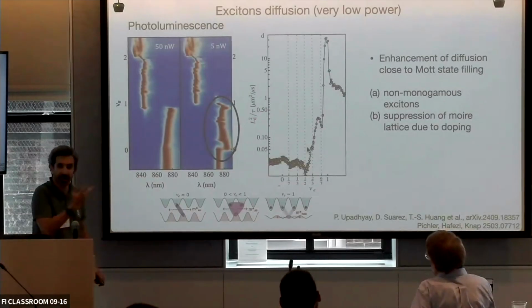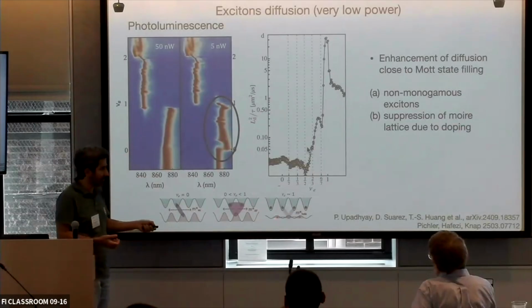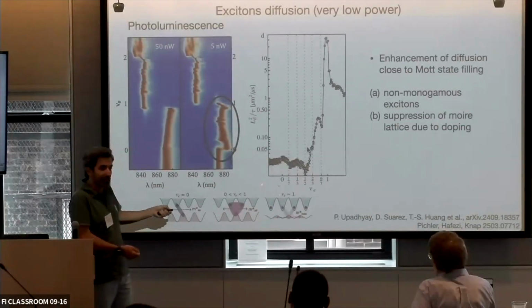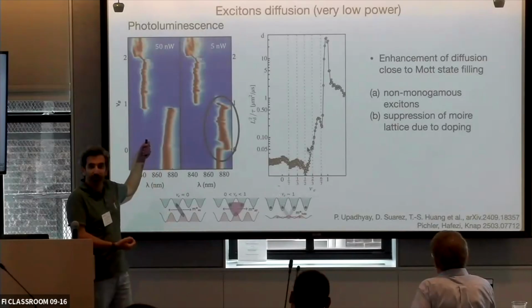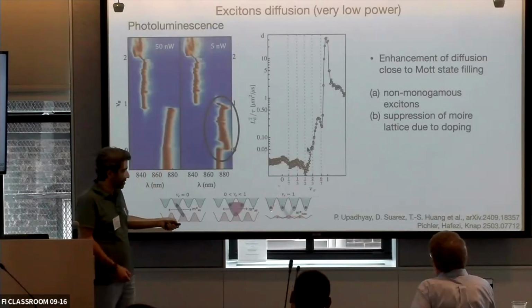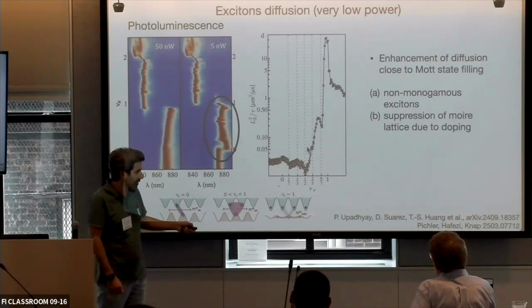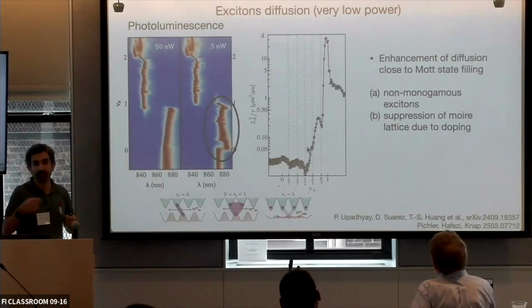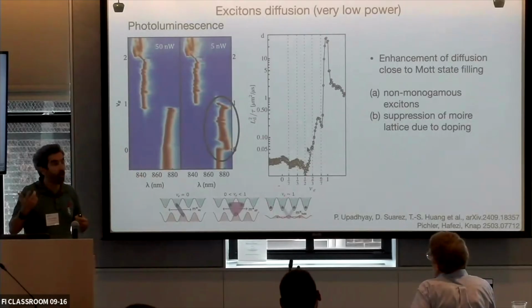The reason is just as advertised a couple of slides before: this hole does not have to remain loyal to that electron that came from the photon excitation. It can actually decouple from that electron and then move by itself. So it would recover the diffusion of a bare hole.